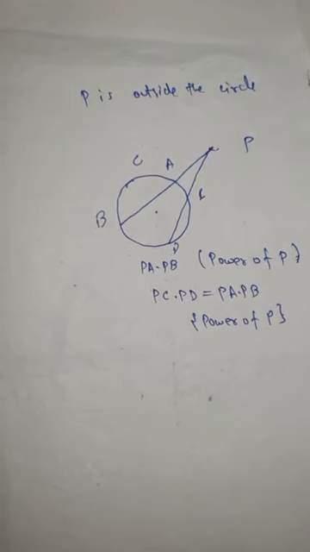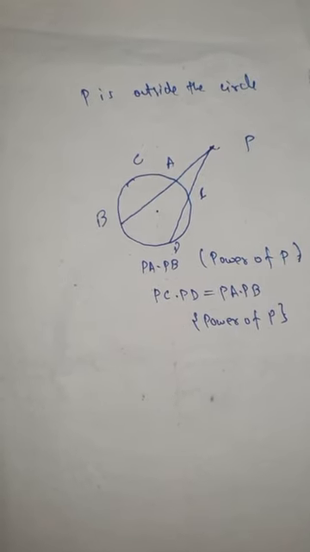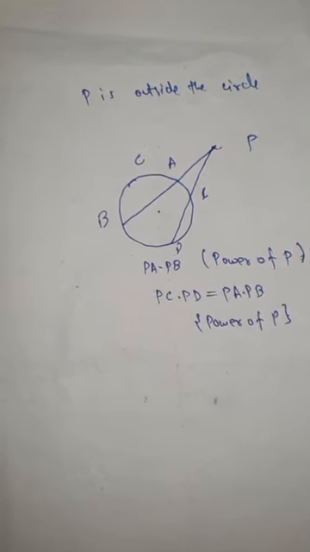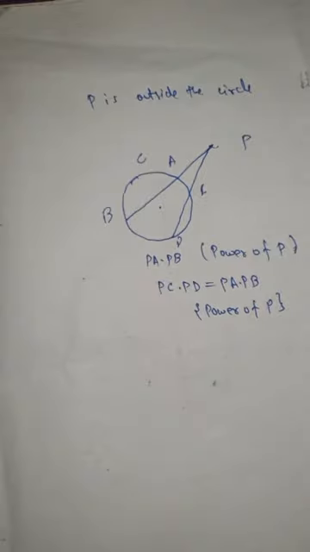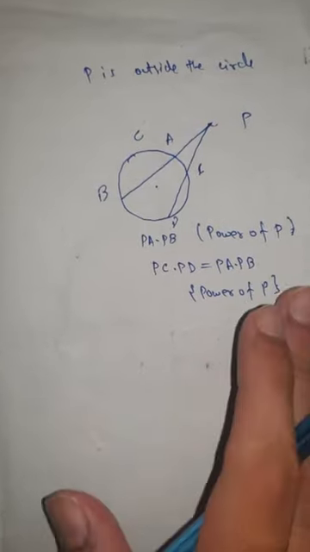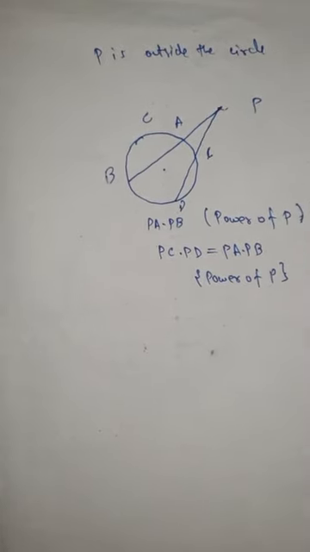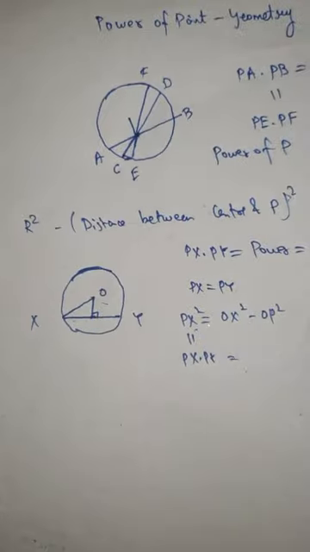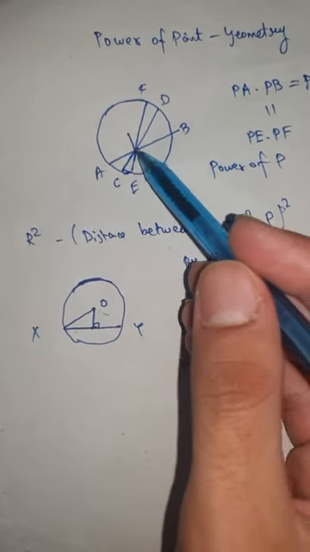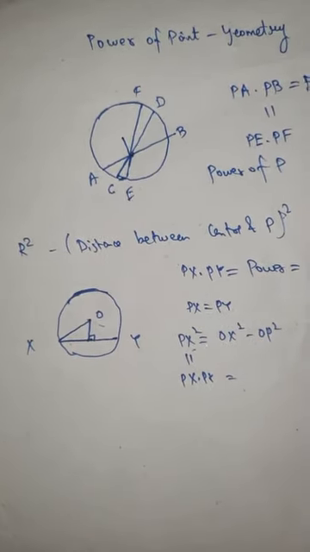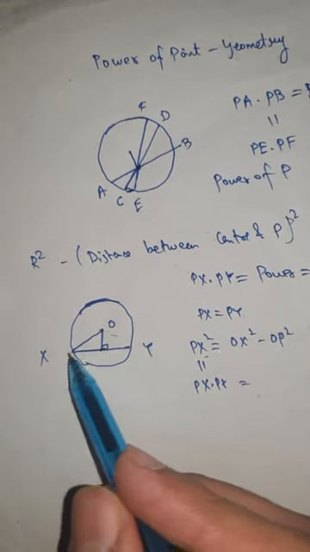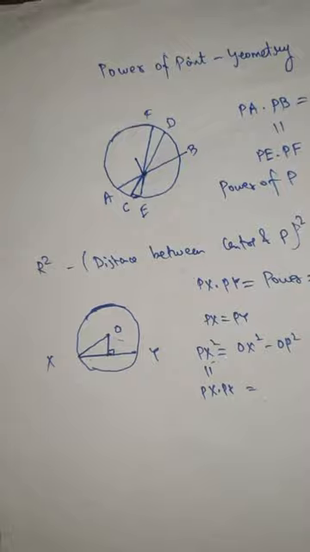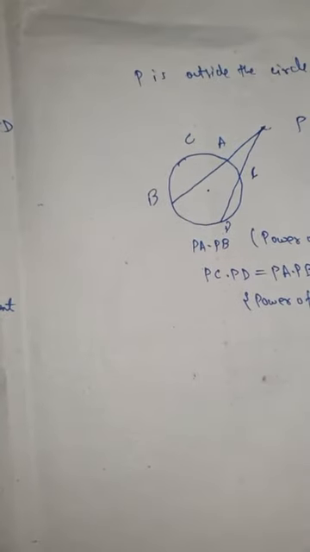Now, one more important thing: here PA times PB is the power. The special case, when P was the midpoint, we saw PX into PY. And there is also a special case here.